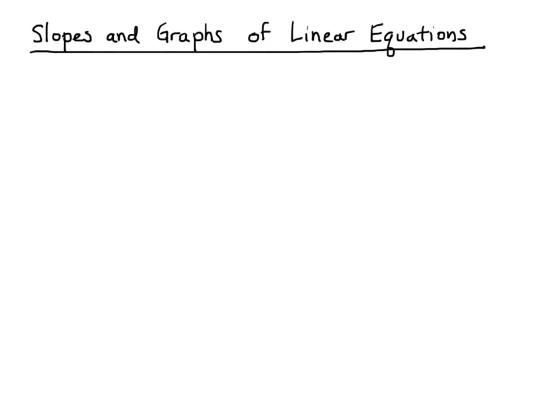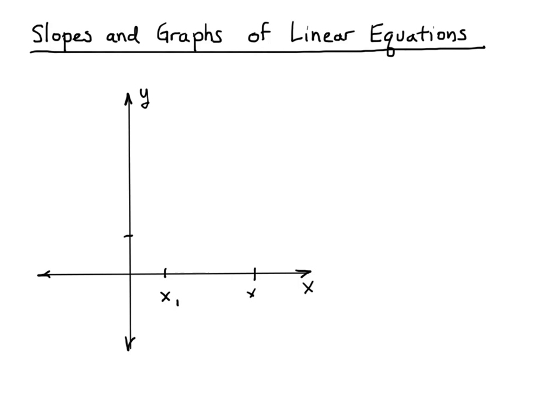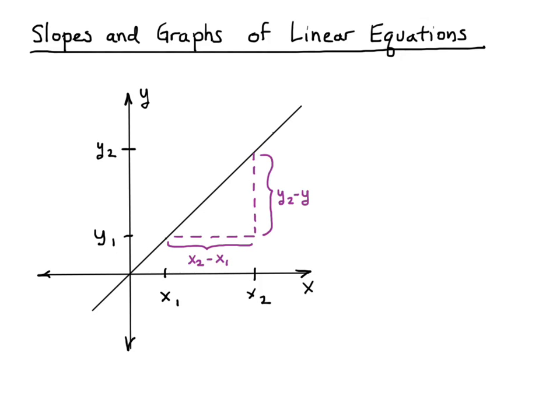So let's look at slopes and graphs of linear equations first, or linear functions. If we have just a graph, we call the change, or the slantedness of the line, its slope. The way we measure slope is that we look at whatever horizontal change we have and compare it to the vertical change.